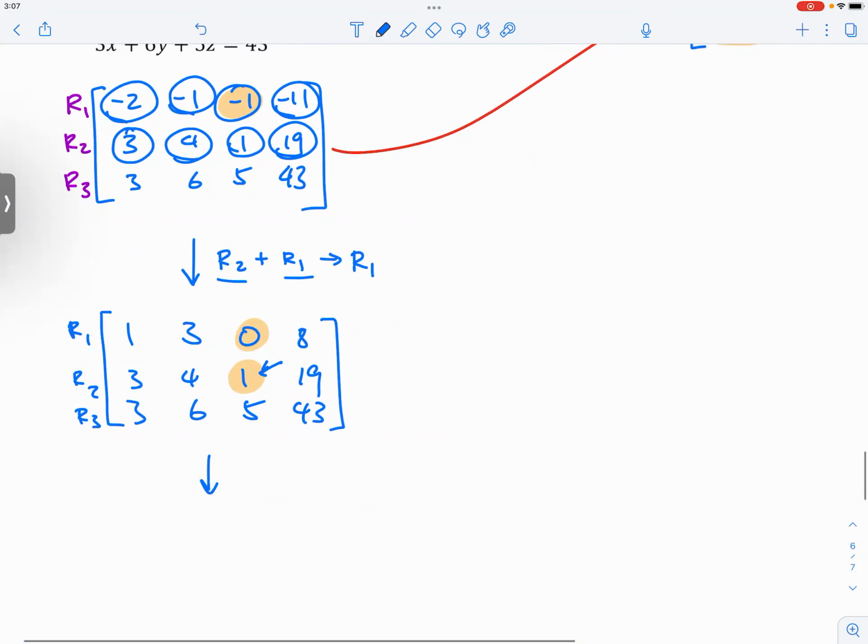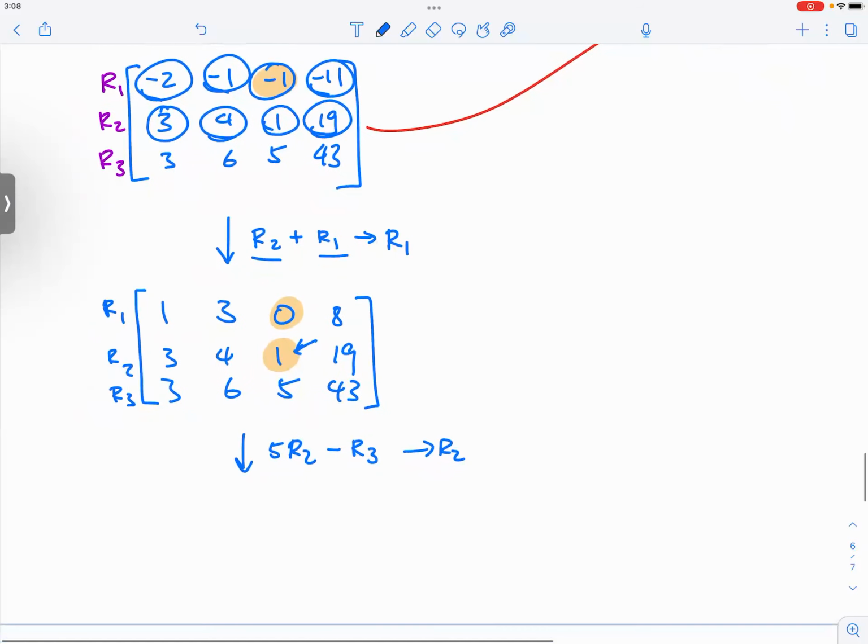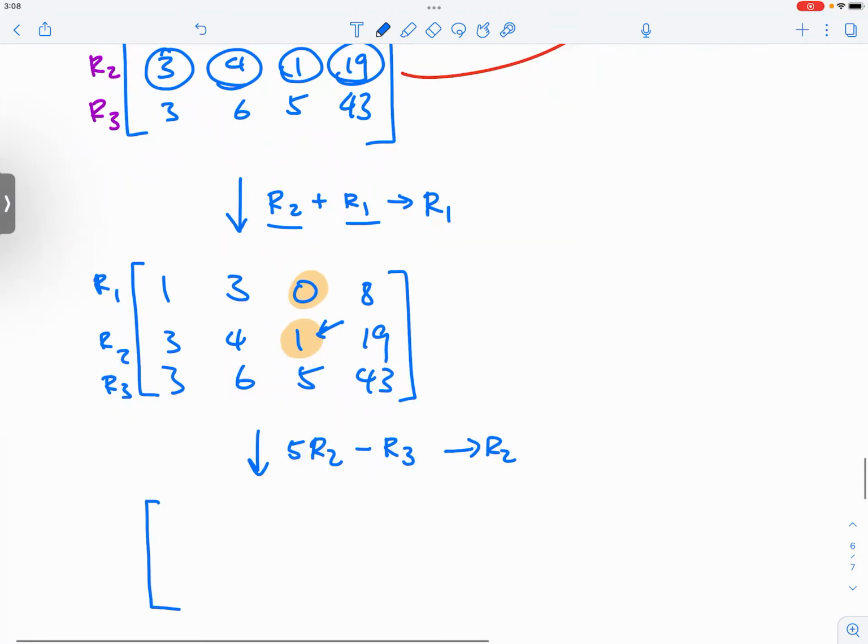In order to make this happen, we have to make use of this 5. And we probably would have to multiply R2 by 5 and then subtract R3. And that would give us R2. So again, it's like our typical elimination process. It's just a little bit more abstract. It's taken in the form of a matrix, but it's not that hard. It's just a little bit tedious.